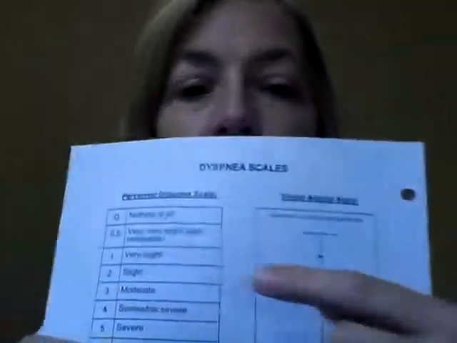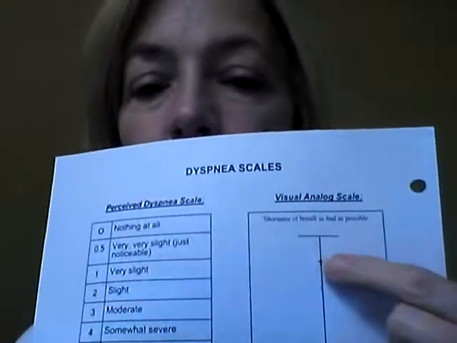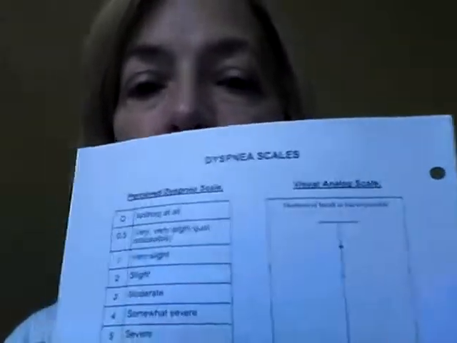And they point. I'm this short of breath. Okay, then you get out your ruler, and it says 7.5 centimeters. So 7.5 over 10 is 75%. So they are 75% short of breath.